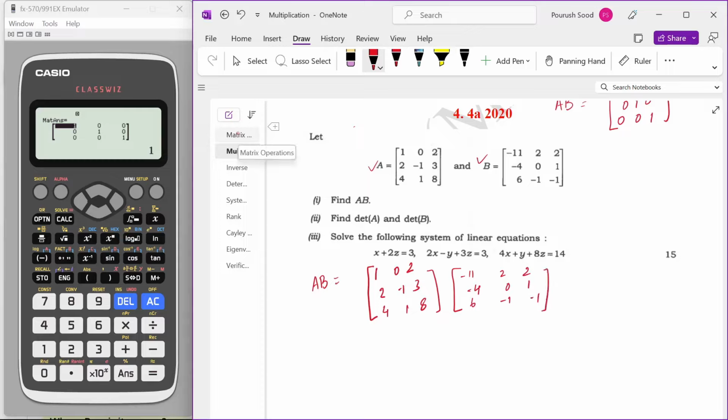And I straight away used to calculate this using the calculator and write it as 1 0 0 0 1 0 0 0 1.